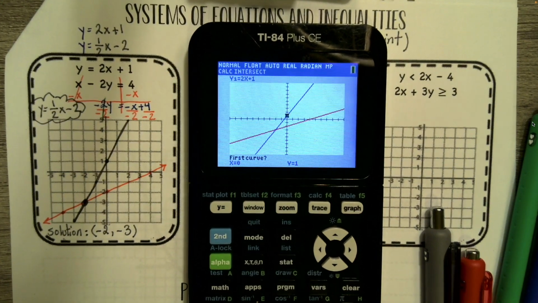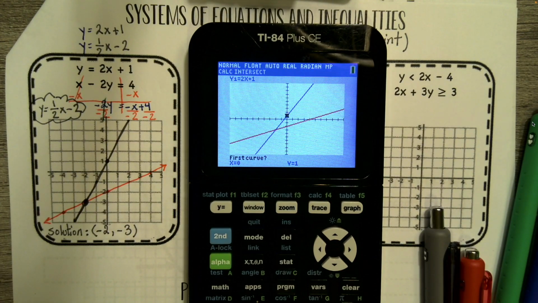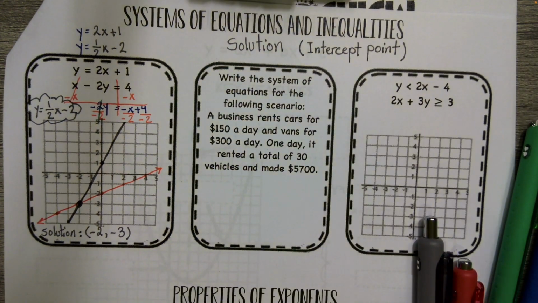So when you click on that, you have to click enter 3 times. 1, 2, and 3. There you go. So the intersect is -2 and -3. Okay? So we found the solution using our calculator. Let's move to the next.